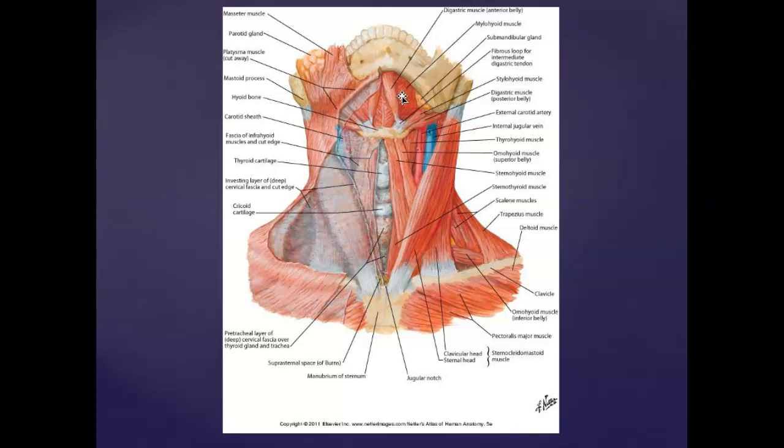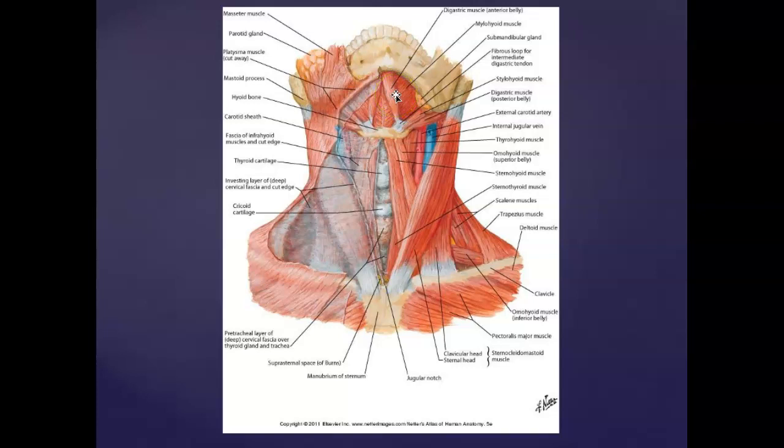There's also a muscle right next to it here called the stylohyoid muscle. So off of the styloid process of the temporal bone, and coming down onto the hyoid bone. So stylohyoid, cleverly named from where it comes from and where it goes to. Now, the mylohyoid muscle is also innervated by the nerve to the mylohyoid, as is the anterior belly of the digastric.